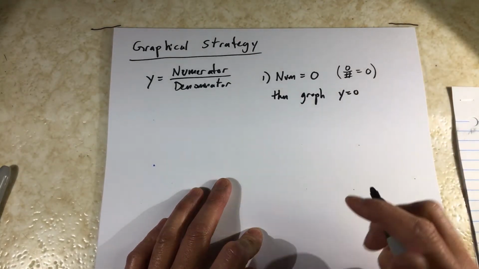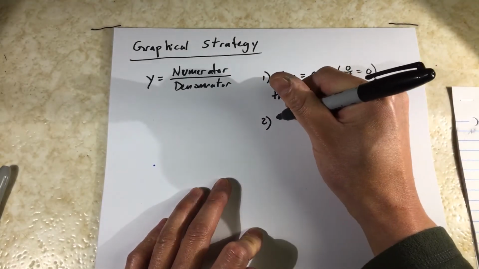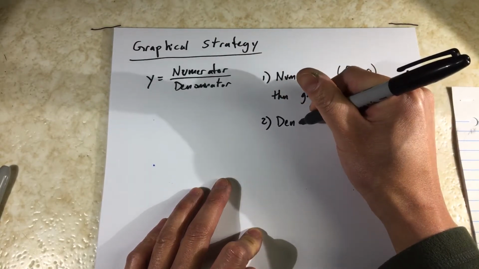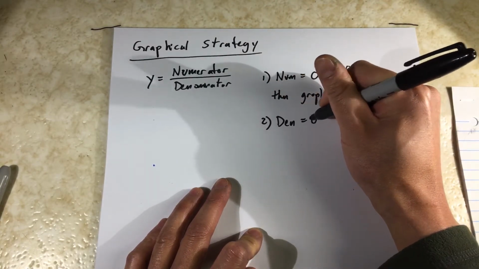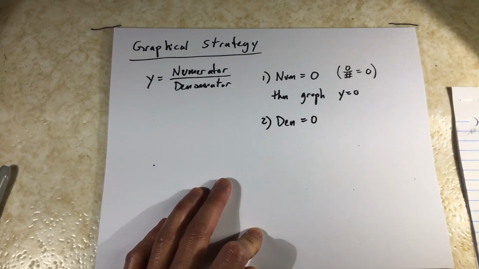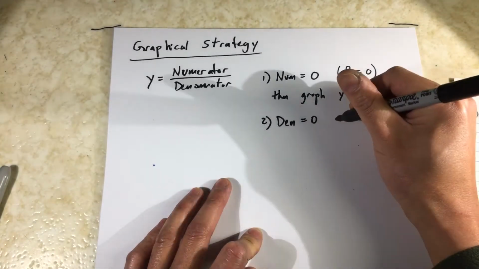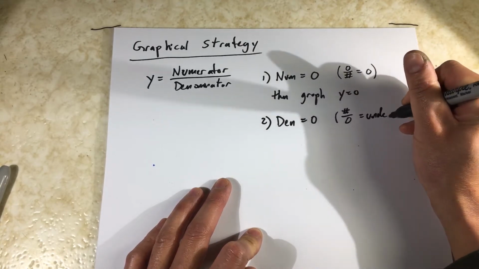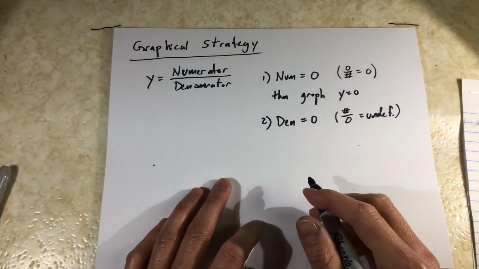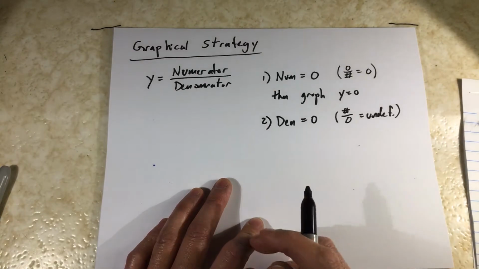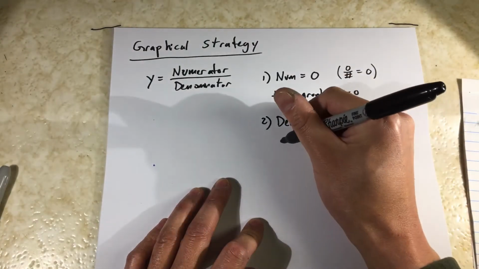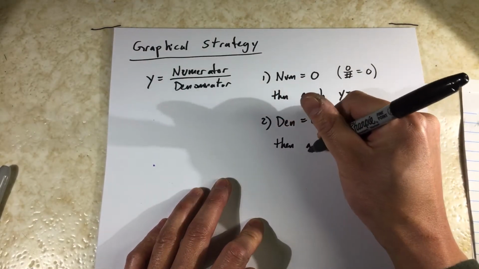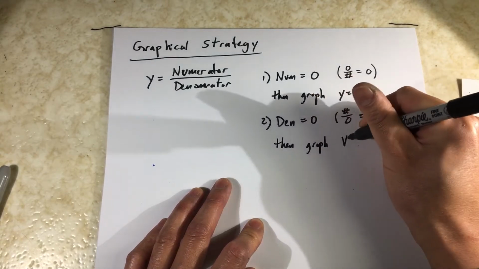Okay, at that point. And then our other thing is if the denominator equals 0. If you have some number over 0, that's undefined. And then what that means is that you graph a vertical asymptote.